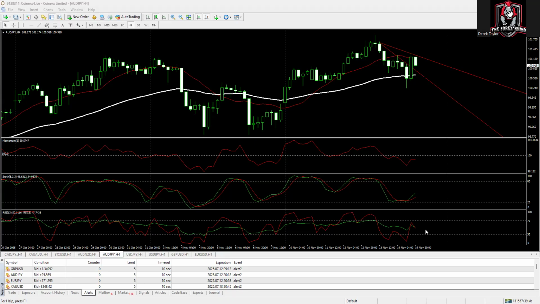But that's why I say, because the measurables are so close, if you have divergence on the momentum, you can't trade at that particular time. Y'all feel me?